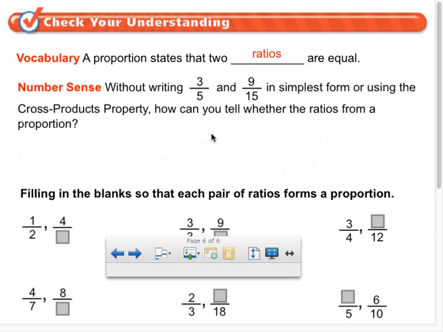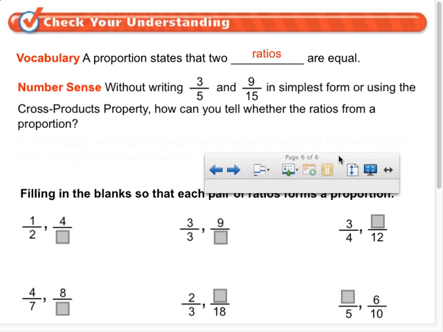Timothy, what do you got? You multiply, what'd you multiply by? 3 times 15? Well, if you multiply 3 times 15, that's 45. How's that going to help us out?